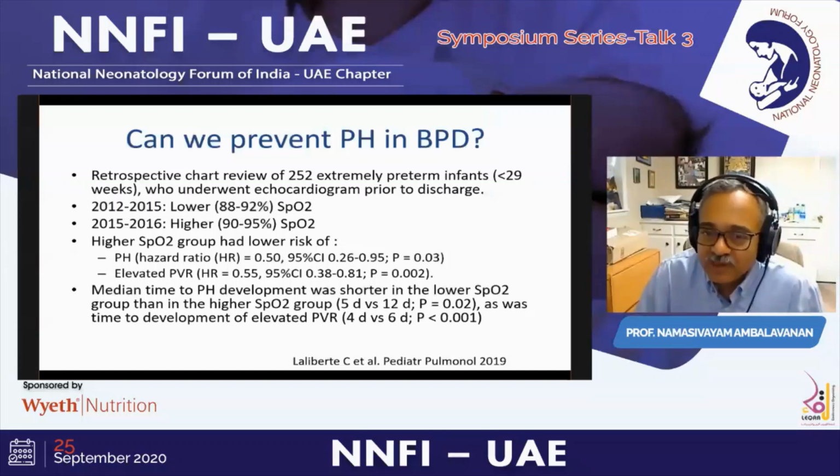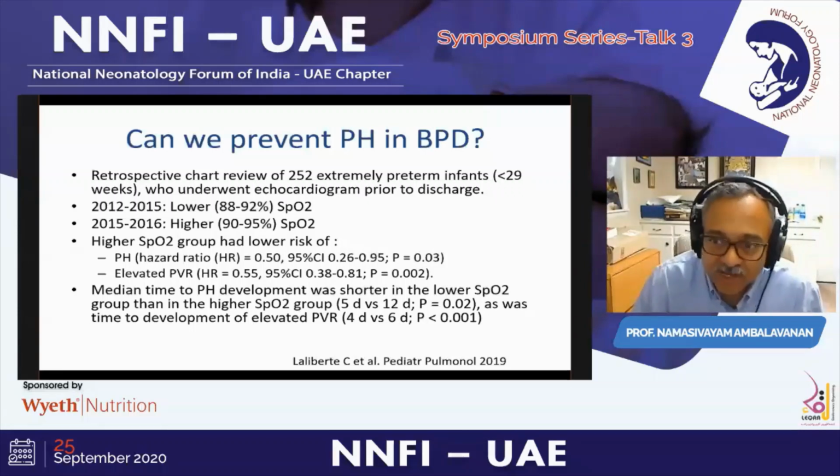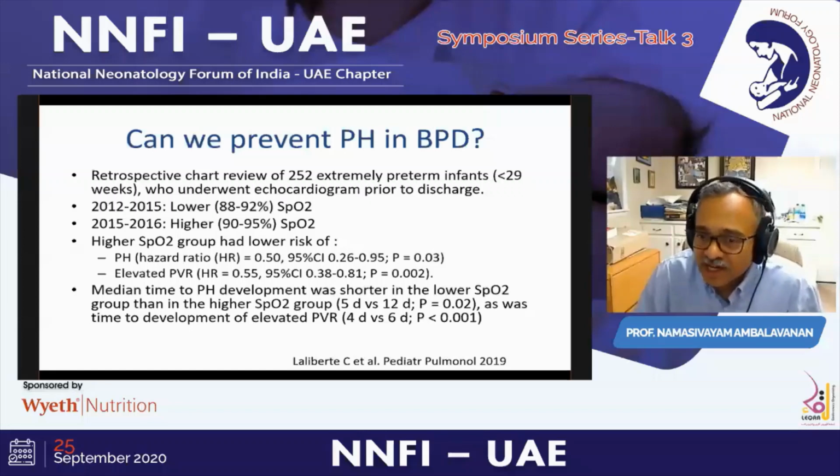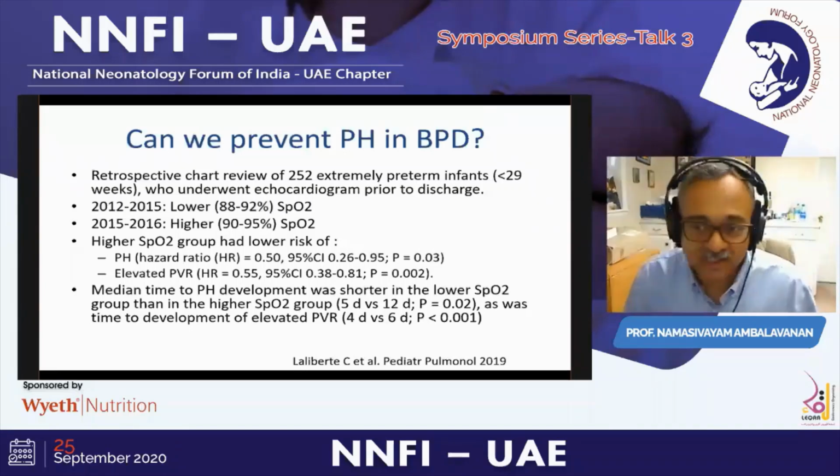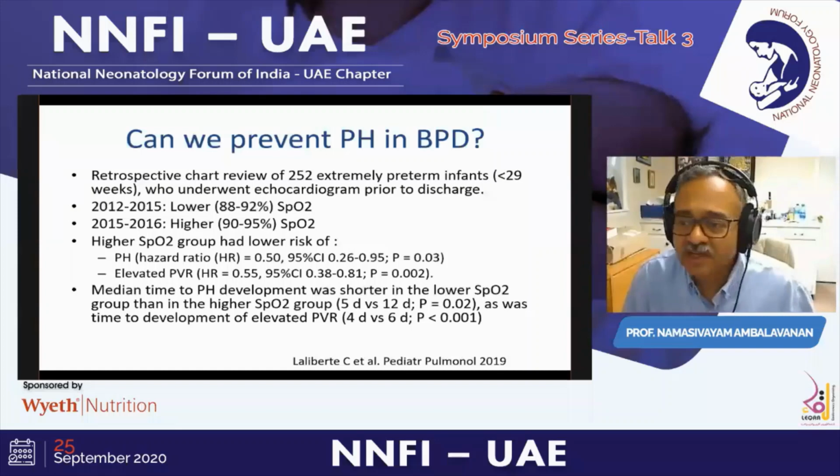But in the most recent years, 2015 to 2016, they used a higher threshold, 90 to 95, from the SUPPORT trial. And it was seen that the higher SpO2 group had a lower risk of pulmonary hypertension. The hazard ratio was 0.5. So they had only half the risk of pulmonary hypertension. But they also had a lower rate of elevated pulmonary vascular resistance, again hazard ratio of 0.55.